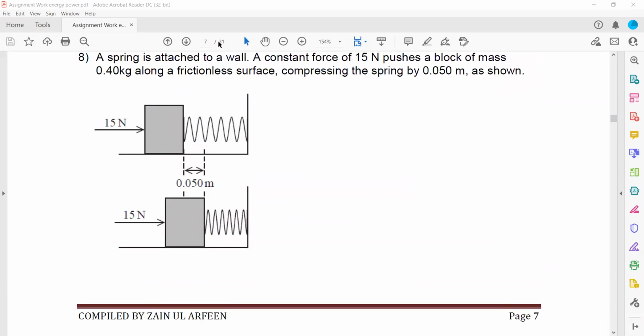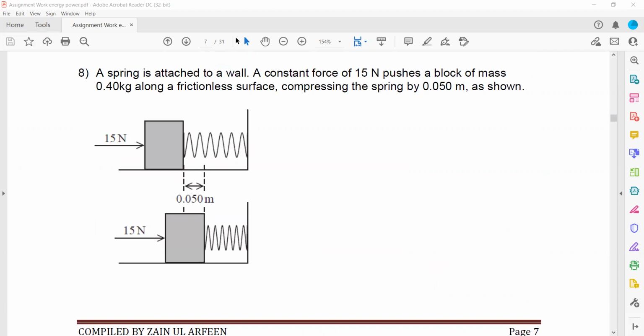Basically, two reasons are there. That's why it is a 2 mark question. Number one, when the student pushes the block, it's not only pushing the block, there is work done on the spring and the block, not only on the block. That is one reason why the student's statement is not correct.